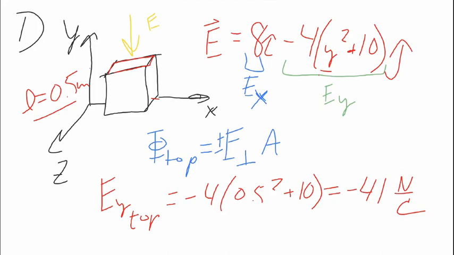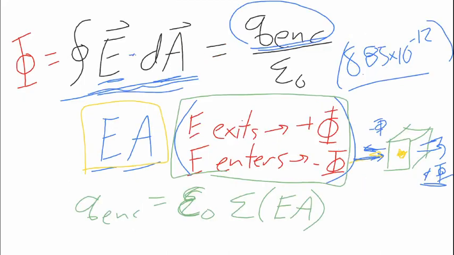So since my electric field is entering through the top, that means that we are going to have a negative flux. And this is, again, just the sign convention that we've defined back here. When the electric field exits, it's a positive flux. When it enters, it's a negative flux.